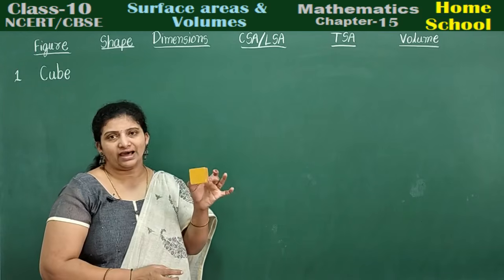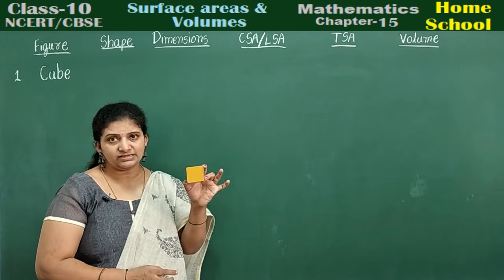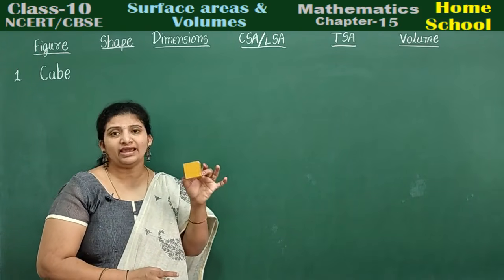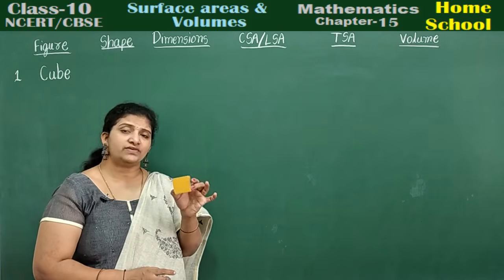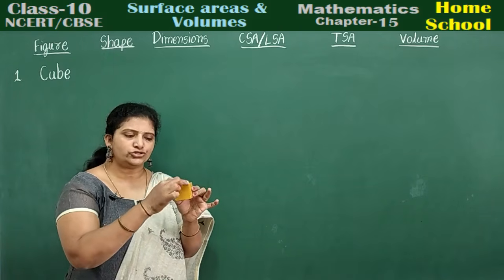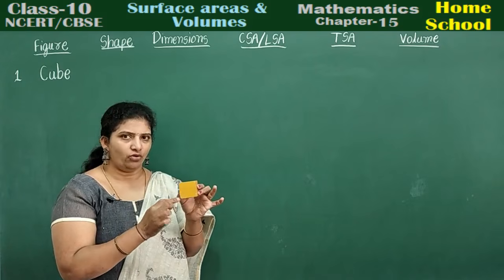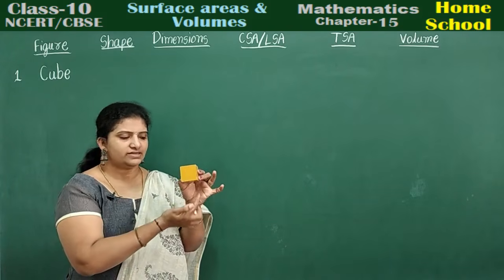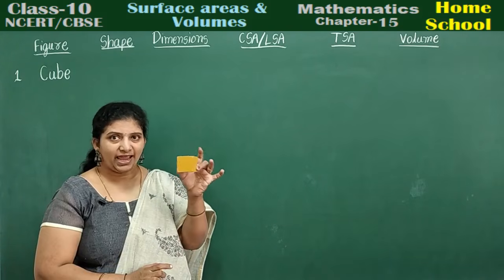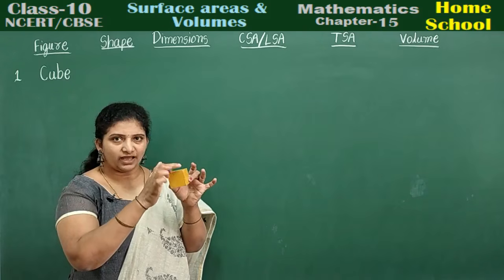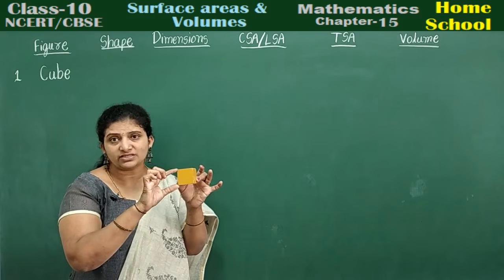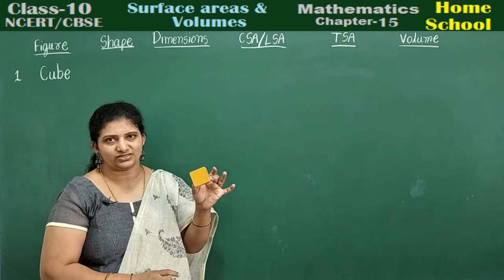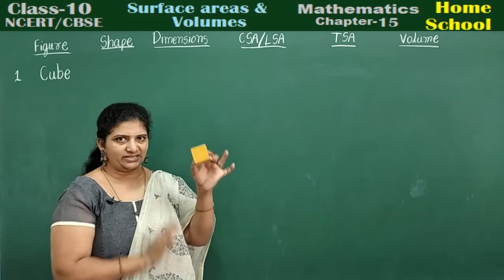A cube has 6 faces and 12 edges. And how many vertices will it have? 1, 2, 3, 4, 5, 6, 7, 8. 8 corners. These are the vertices. What are edges? When we join these vertices, we get the edges. And these are the faces.